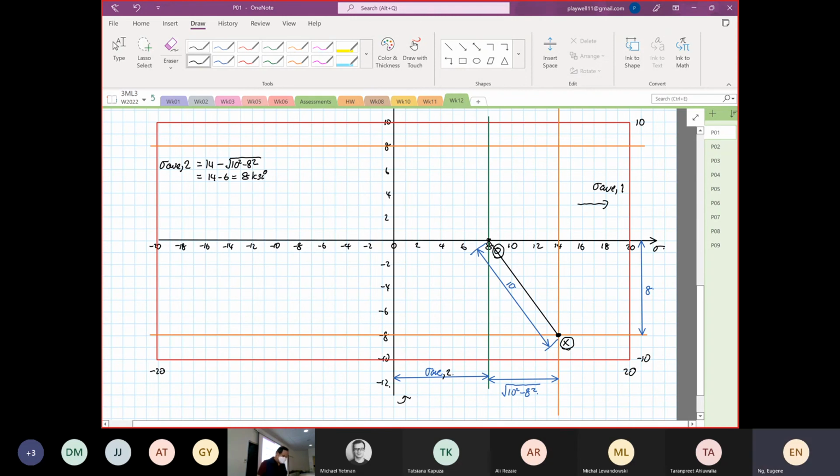So now we know where the stress average is. We can extend this line, and when it intersects the 8 KSI, this is where we have our Y1.